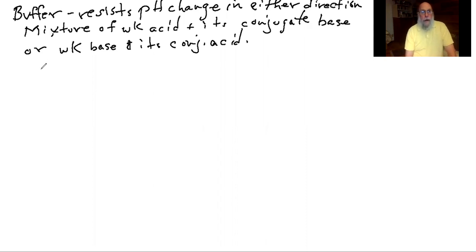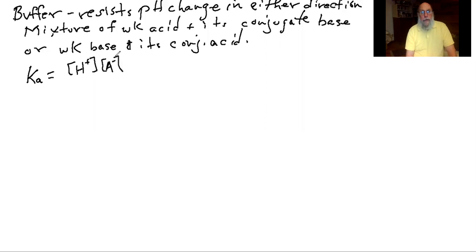The essence of it is it's a mixture of a weak acid and the conjugate base of that weak acid, or a weak base and its conjugate acid. They all work the same. So anyway, what we start with is our standard old equilibrium expression, first for a weak acid.